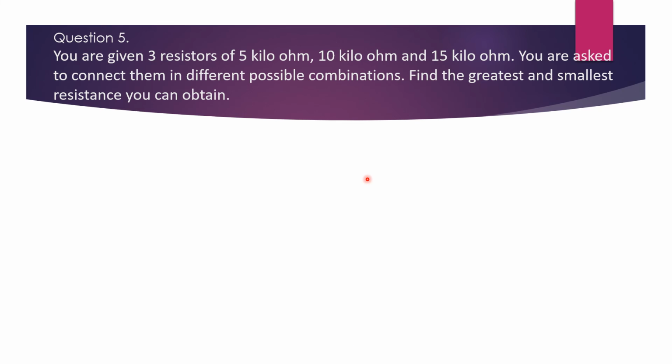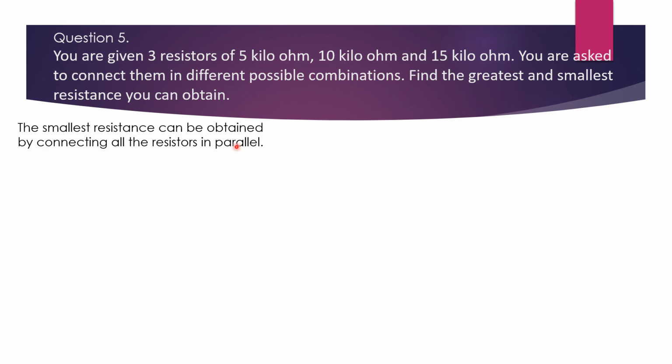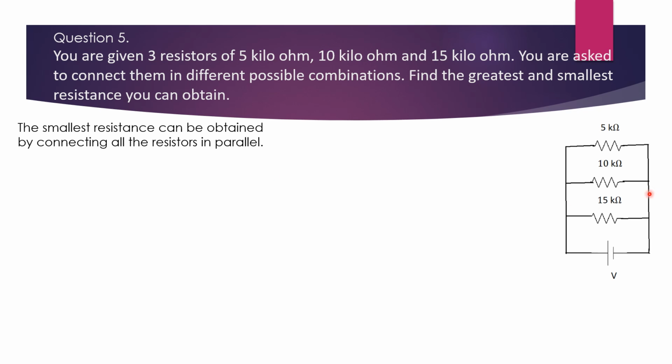Now you need to calculate the smallest resistance that can be obtained with these three resistors. The smallest resistance can be obtained by connecting all the resistors in parallel. So this is a parallel circuit, 5 kilo ohm, 10 kilo ohm and 15 kilo ohm. All are in parallel to the battery.